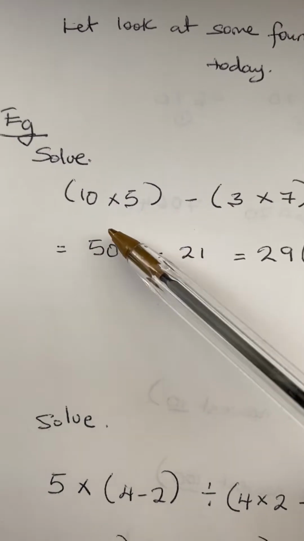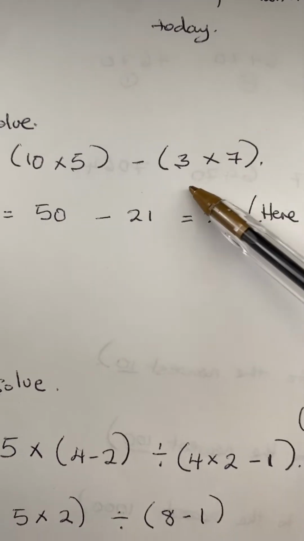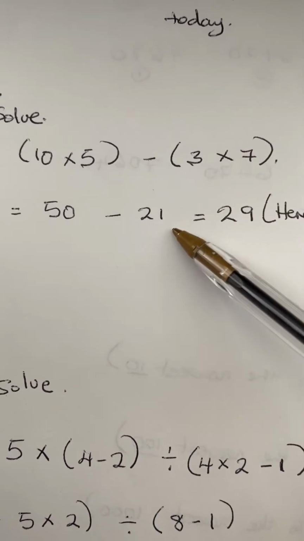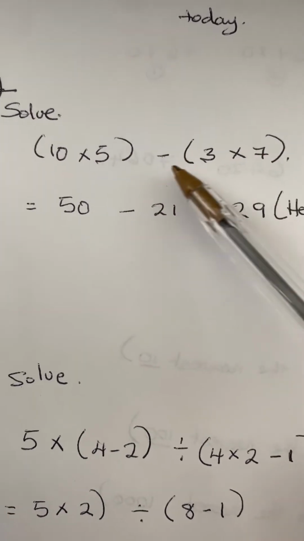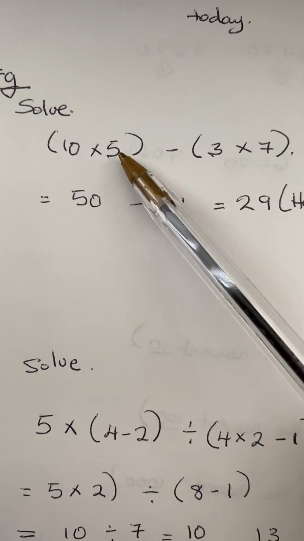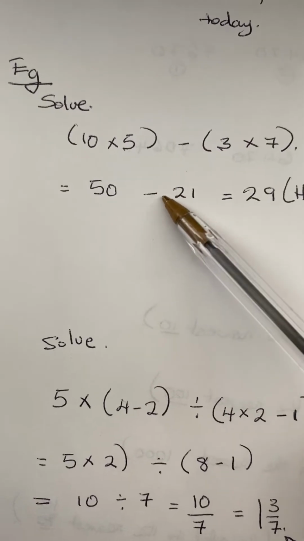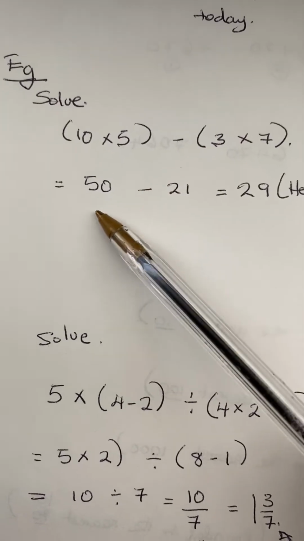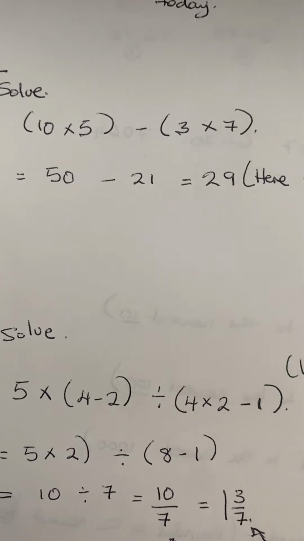Okay, 10 times 5 is 50. 3 times 7 is 21. Now between these two brackets there is a minus sign. So now after you've done the bracket, all you have left is the minus sign. 50 minus 21 is 29.